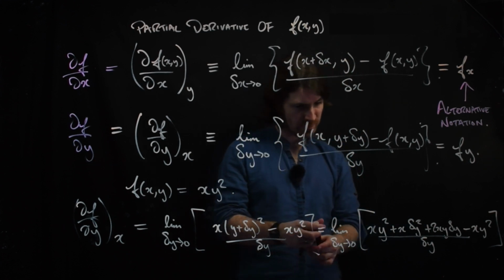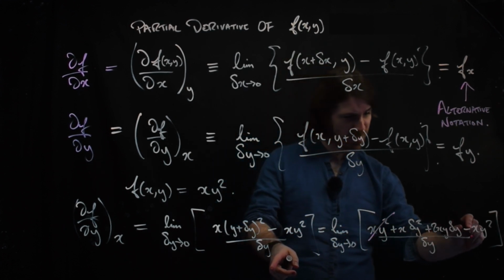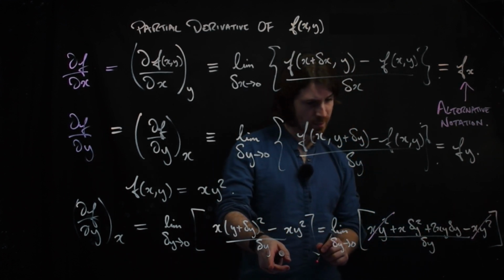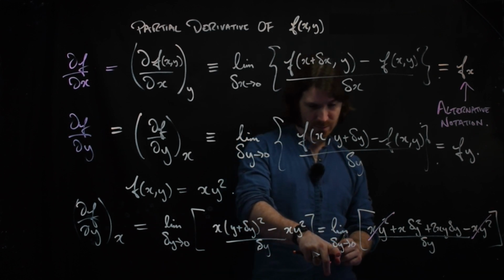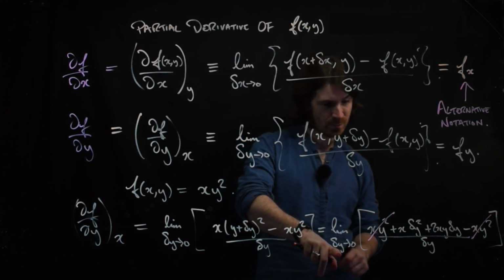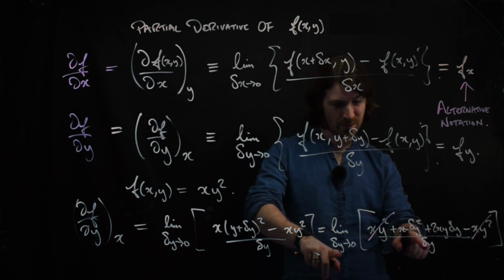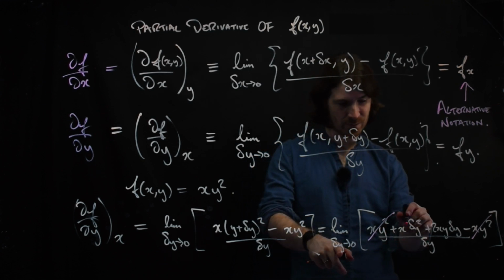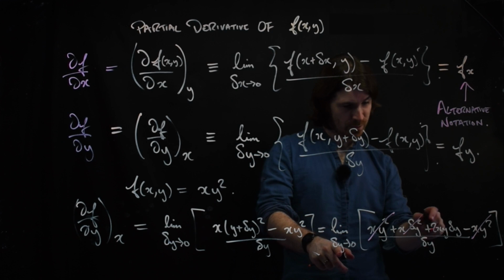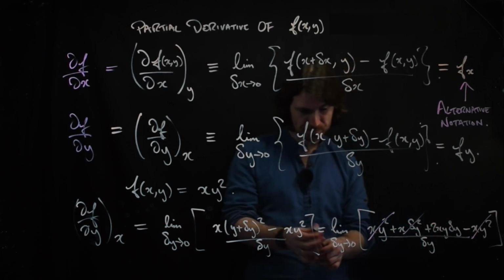Now you'll see that the x y squared terms cancel. We're going to take the limit that delta y goes to 0, so this delta y squared by delta y is not going to survive. So we're only going to have these terms.